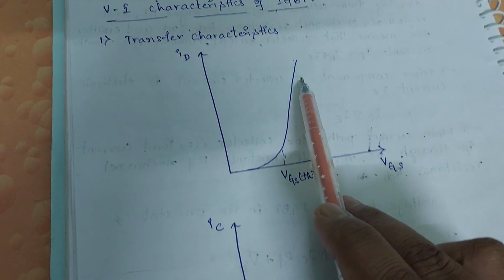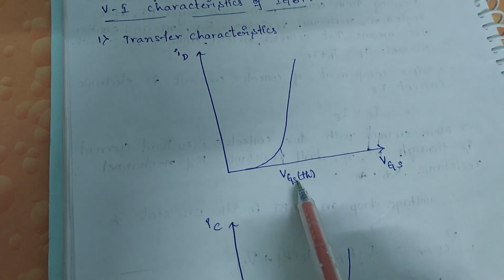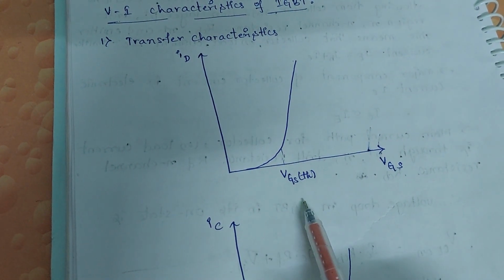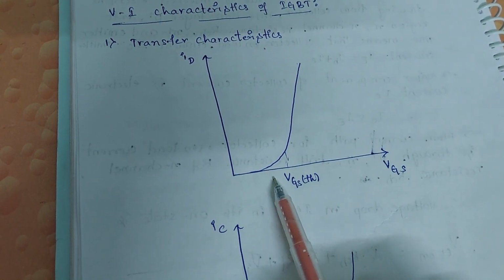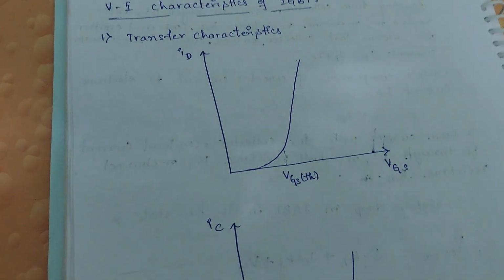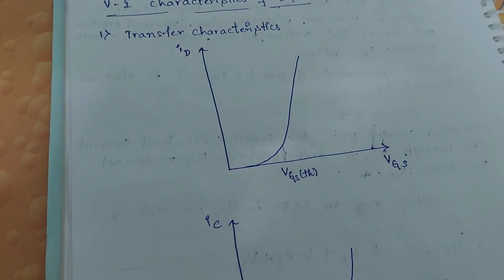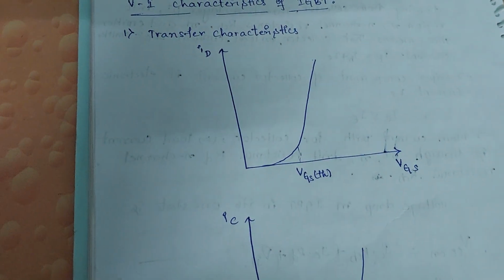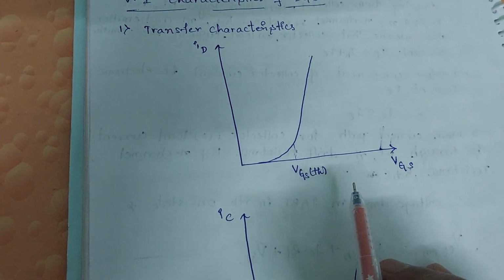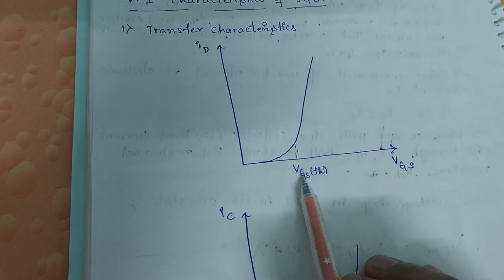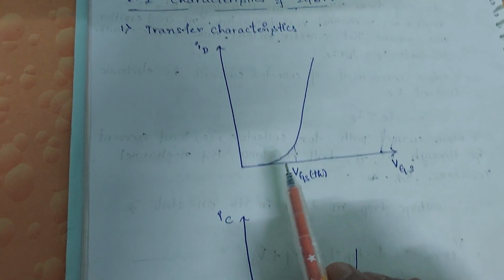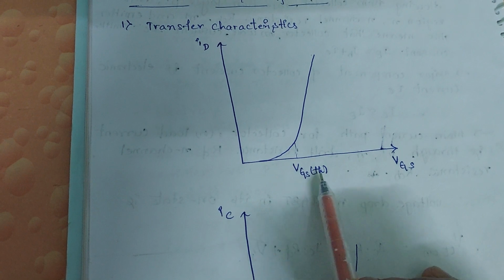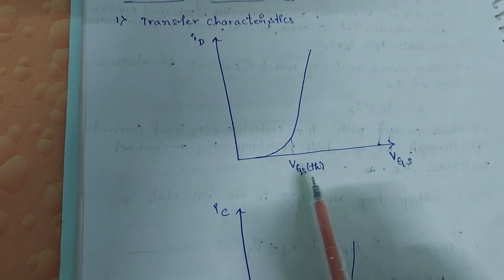So when the gate to source voltage is greater than the threshold voltage, we observe linear characteristics for the curve. But this curve is non-linear when the gate to source voltage is lower than the threshold voltage. If the gate to source voltage is less than the threshold voltage, the current flowing from the drain to the source is about 0.